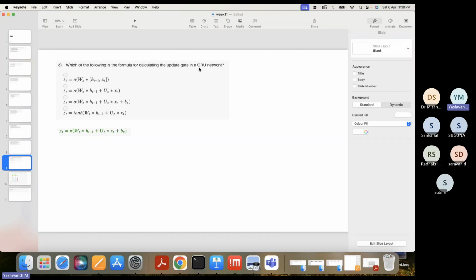Whenever you see a gate, you should be immediately able to discard this option. This is the most appropriate one because it has bias.